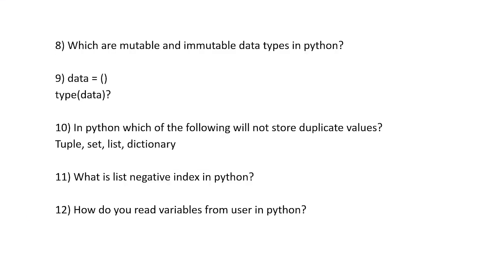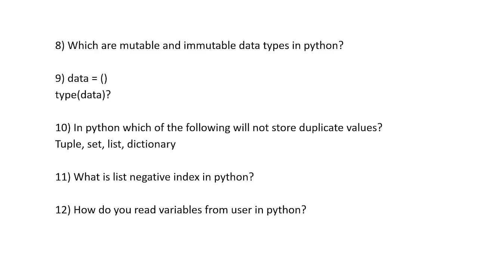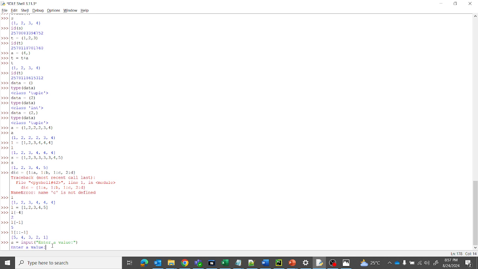Okay. Then how do you read variables from the user in Python? That is using the input function, right? Let's say a equal to input, with the prompt "enter a value". Okay, so this will show "enter a value" and give you a chance to enter an element.